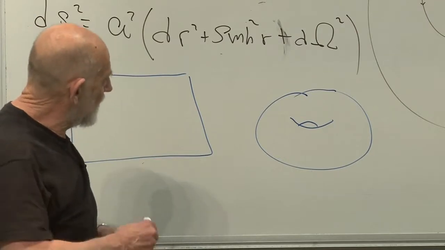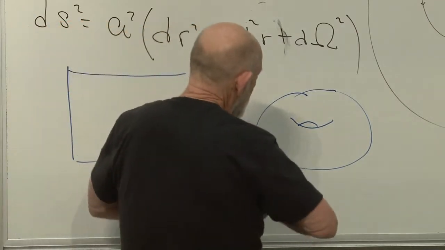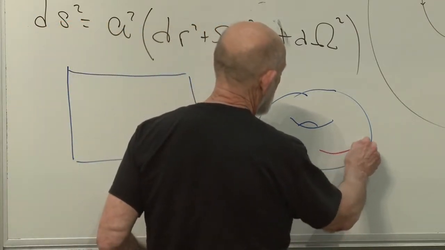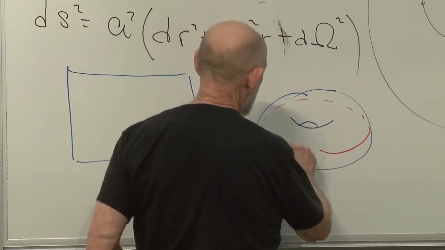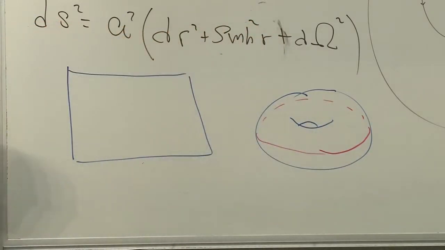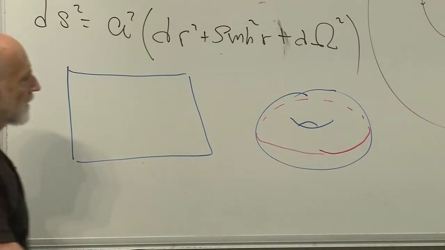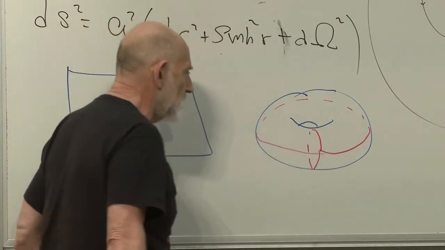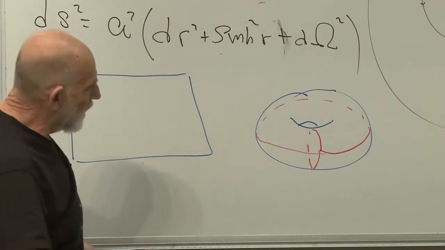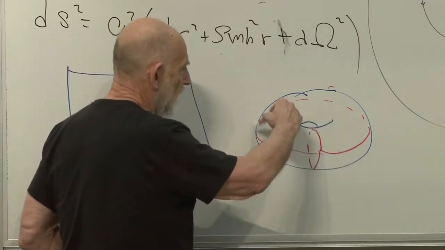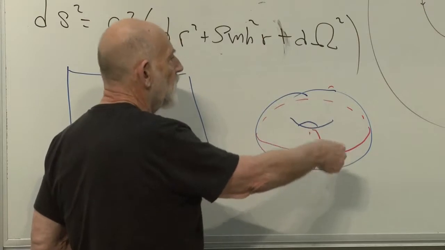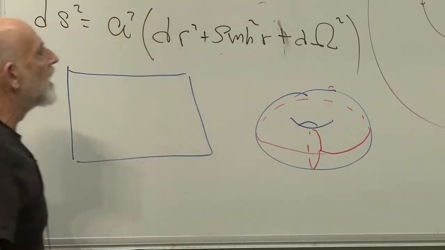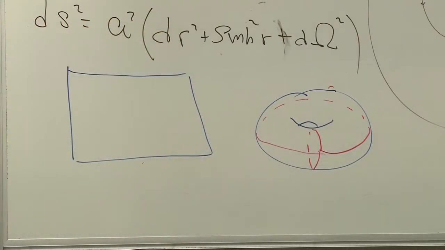You can go around it by starting out horizontally, and you'll come back to the same place. Or you can go vertically and come back to the same place. There are also other ways where you spiral around as you go. But these are the two primary independent cycles on the torus.